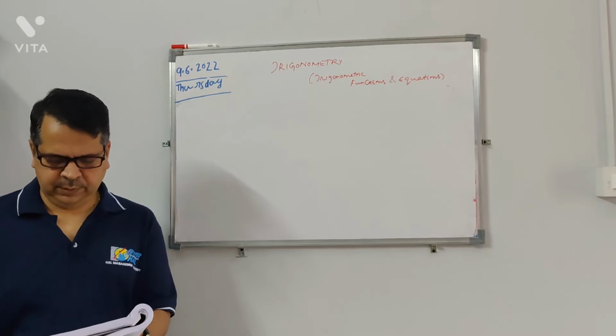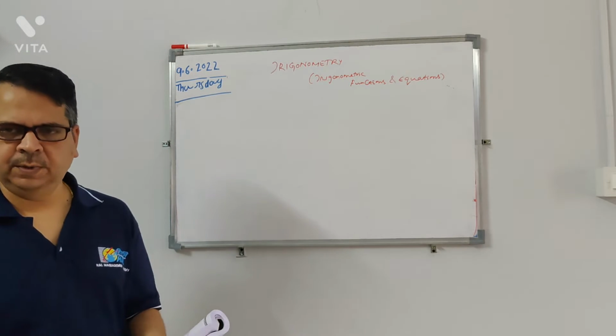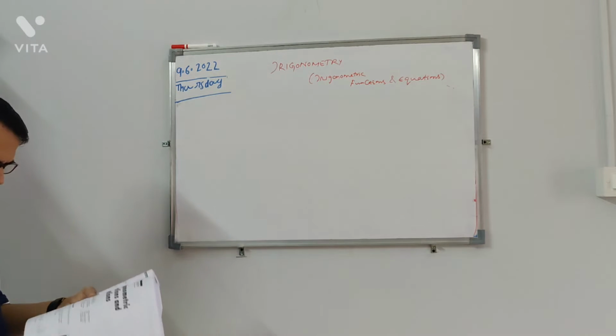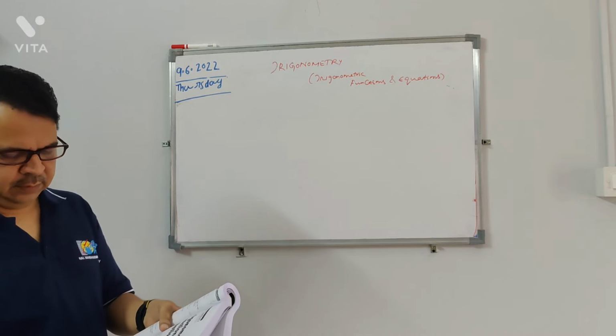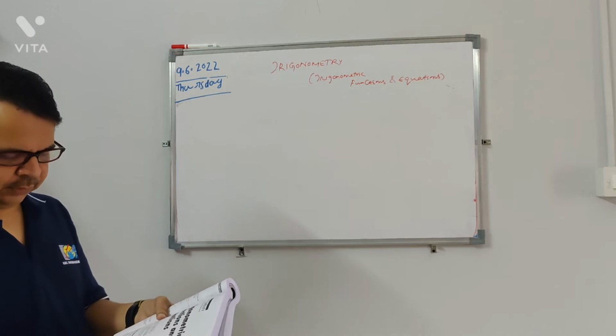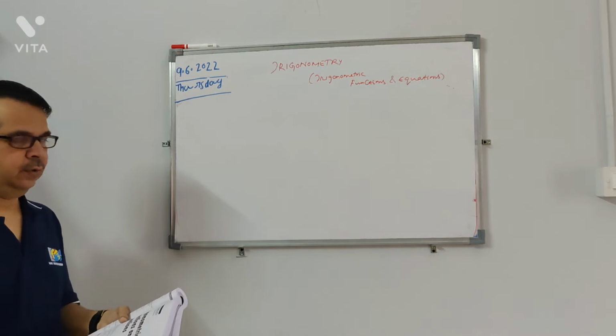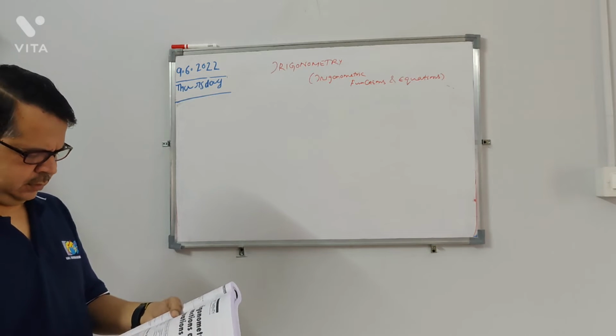Okay, so today we will quickly go through the chapter on trigonometry. It is in your class 11, but class 11 and 12 both are required, so we are just quickly going through trigonometry.